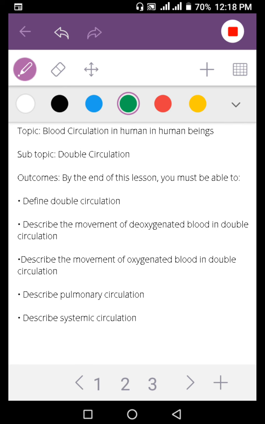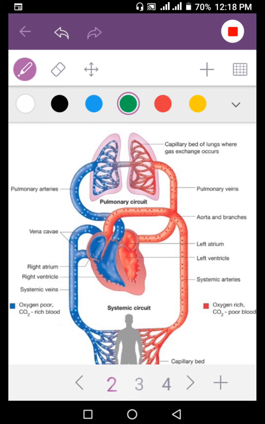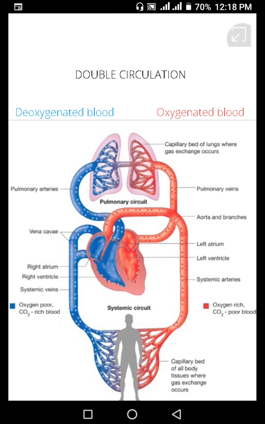Let's consider first of all this diagram which is here. This is a diagram that is representing double circulation, and if you look at this diagram, we have got a side on the left hand side of the diagram. It is written deoxygenated blood here.